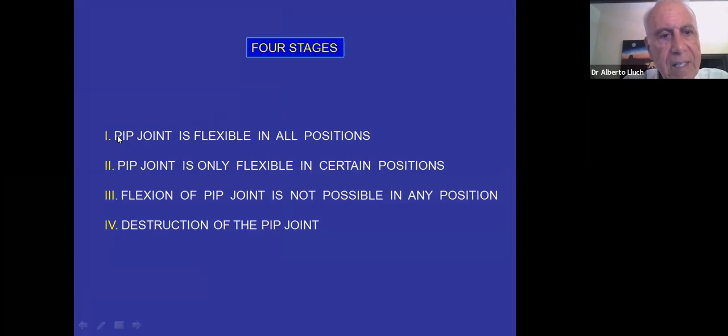In stage 1, the PIP joint is flexible in all positions, and I will explain this. In stage 2, the PIP joint is only flexible in certain positions. That's the way it has been described by Nalebuff. What this means is that in stage 1 the PIP joint can be flexed even with MP joint extension, and in stage 2 it can be flexed only with MP joint flexion.